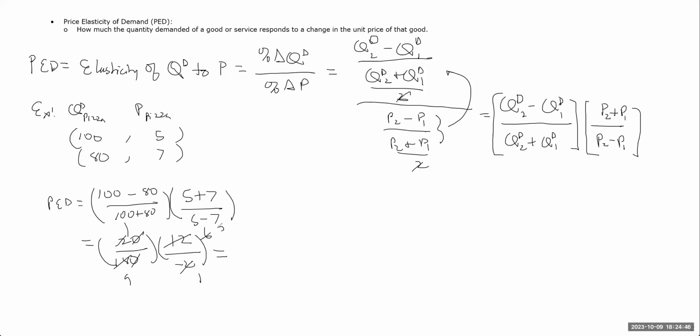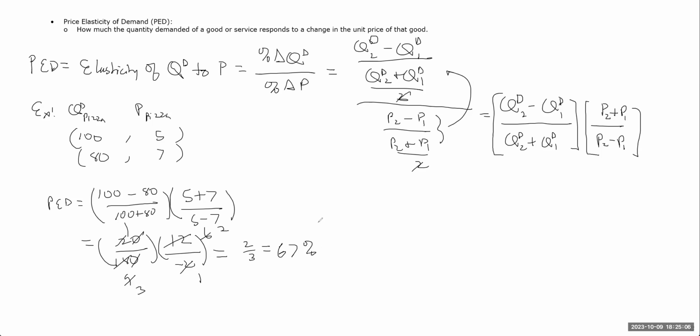So it's 2/3. Okay, 67%. All right, 2/3. So how do we use this number? What does PED mean?